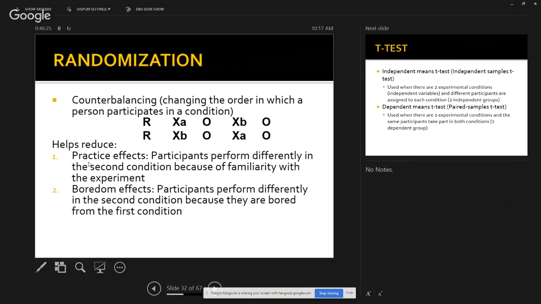Counterbalancing is changing the order in which a person participates in the conditions. So, for example, in this case, I would randomly choose who's going to drink coffee first and then the tea. Some of the people would be doing the tea and then the coffee. Okay? This is called a counterbalanced design.